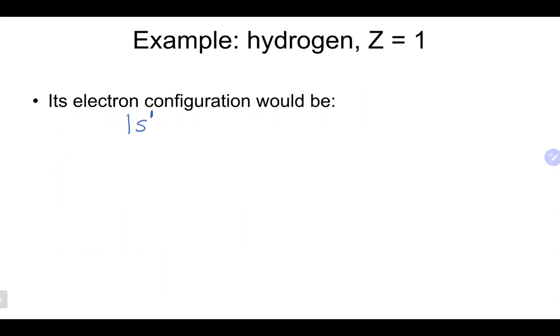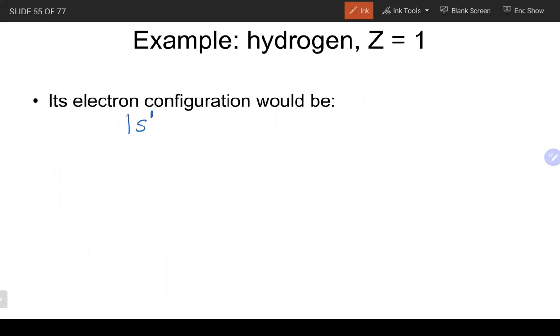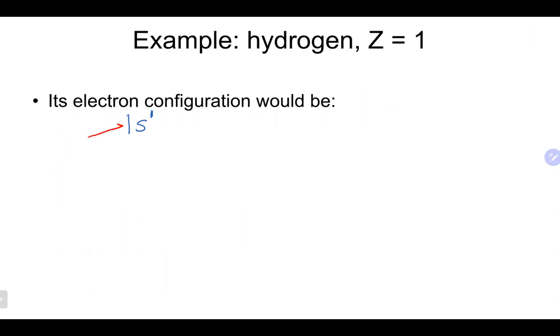The very first number that we see here on this side is the principal quantum number, that's the n number. It's the energy level. The s is the orbital at which the electron is in, our subshell.